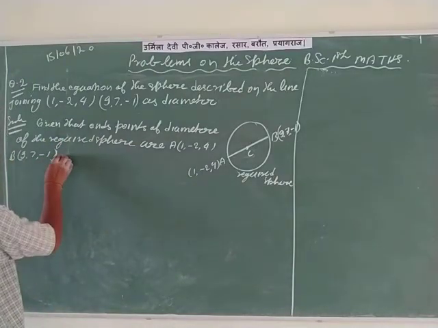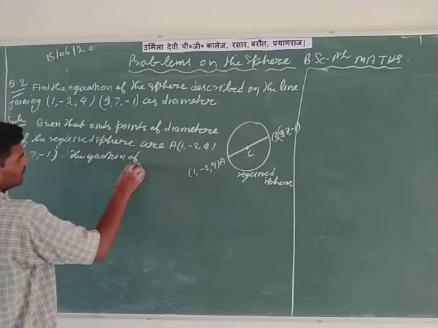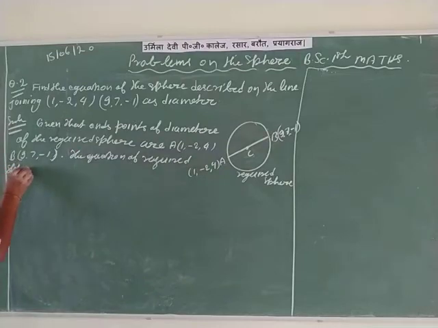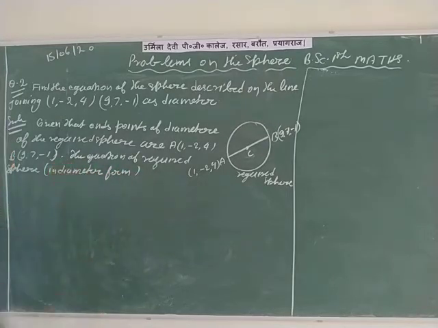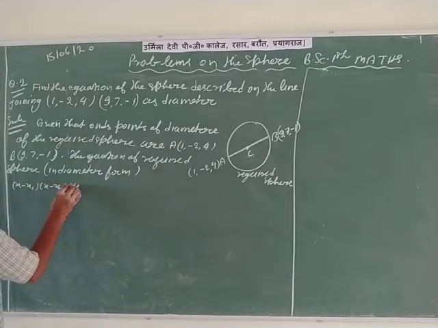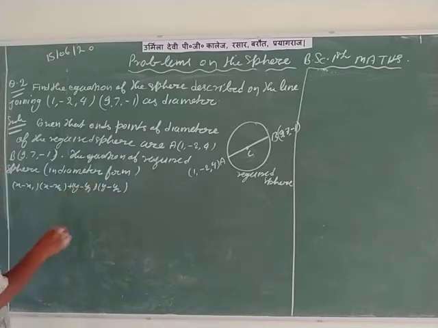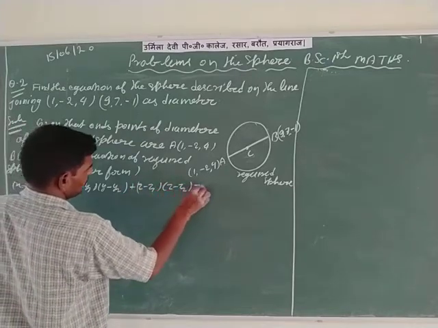So the equation of the required sphere in diameter form is x minus x1 times x minus x2, plus y minus y1 times y minus y2, plus z minus z1 times z minus z2 is equal to 0.